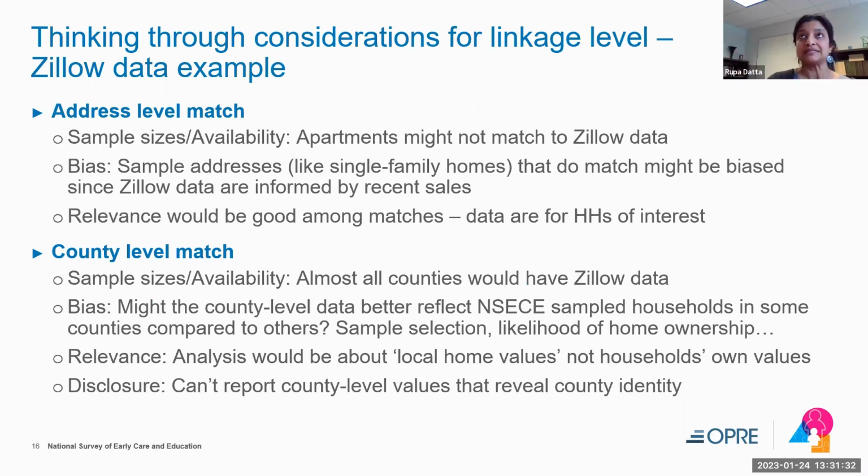Here, the sample size problems go away because you'll probably always link to something in each county. The bias is a more complex question. You might say that at least the linked value means kind of the same thing for everyone, and you're not missing out. You don't have to have no data for the apartment dwellers.